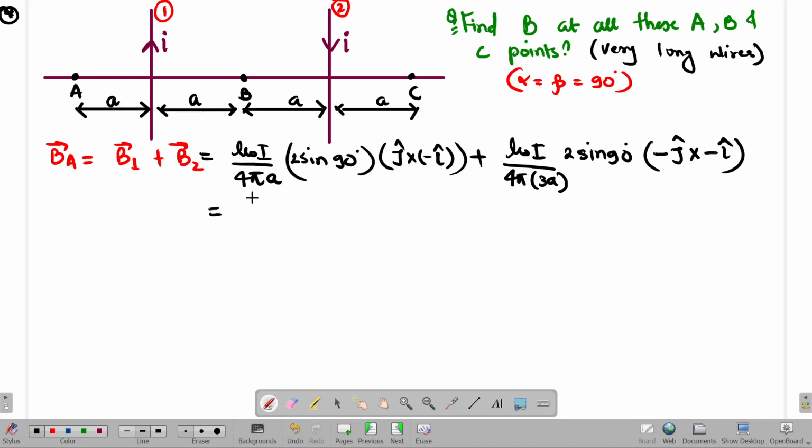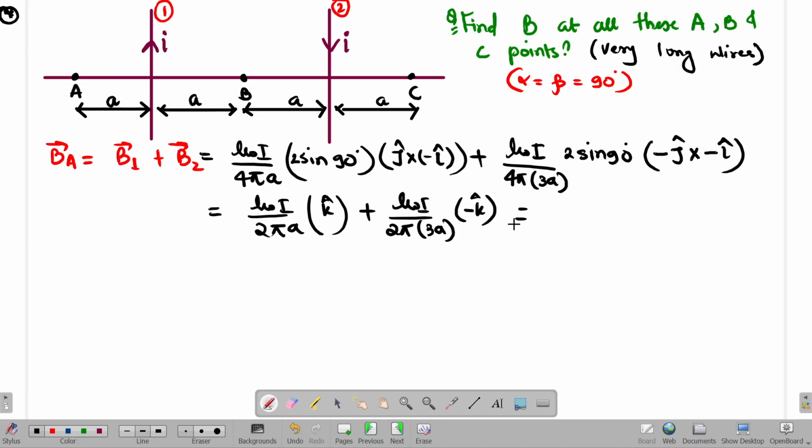So this is mu naught I by 2 pi a, and this is J cross I. I cross J is K, J cross I is minus K. Minus minus plus, so it is K cap or not. And this is mu naught I by 2 pi into 3a, and this is J cross I, minus minus plus. That is also minus K cap. Are you able to get me?